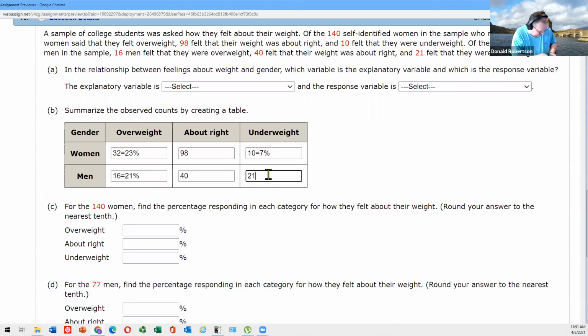And for men, 21 divided by 77 is 27%. I think that is much more significant, isn't it?